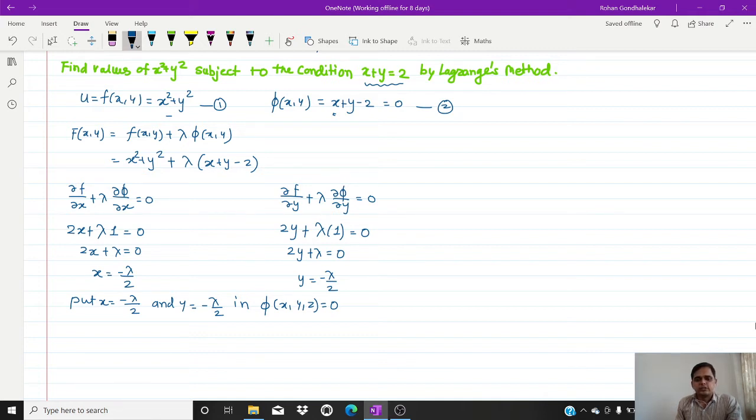So I am going to substitute these values in phi of x y z is equal to 0. So this is nothing but x plus y minus 2 equals 0. So this is minus lambda upon 2 minus lambda upon 2 minus 2 equal to 0. So this gives minus lambda minus 2 equals 0. So this implies lambda is equal to minus 2.